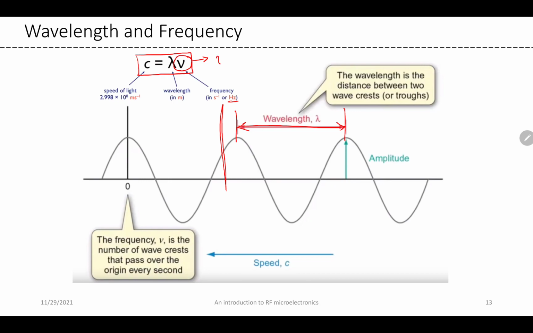This is not v for velocity, so let's not confuse it with v. This is frequency, so c is basically lambda by t. If you go by the dimensions, it would be length by time. So you have a length and a time factor, and 1 by time is frequency, so you have c = lambda times nu. This is the Greek letter nu for frequency.